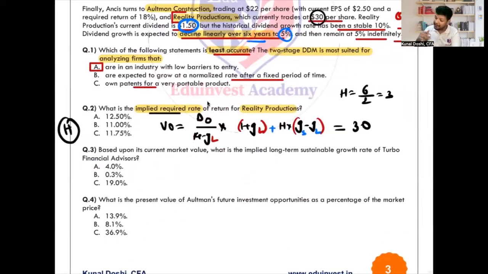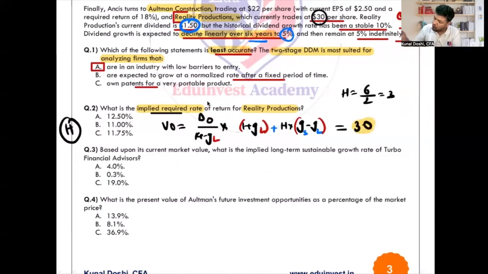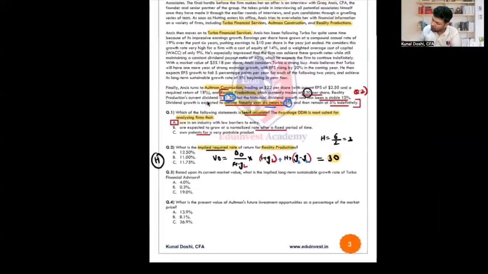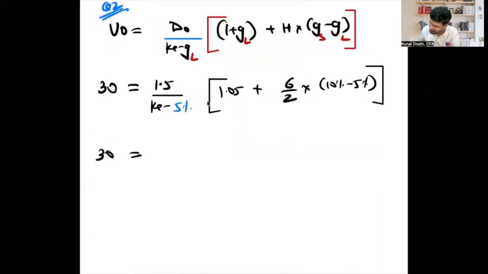We will have to make sure that whichever we use, the present value brings us 30. So what we can do is solve the entire numerator, wait for the denominator, and do trial and error. I will solve the numerator: 6 divided by 2, that is 3, into 5%, correct?